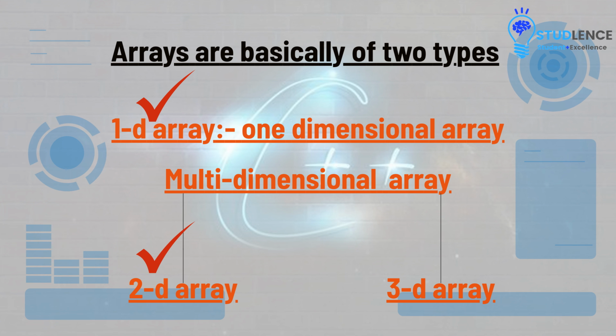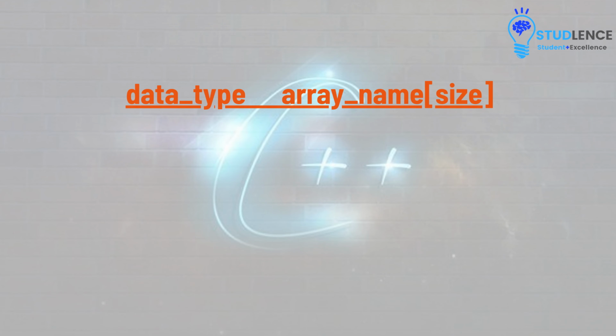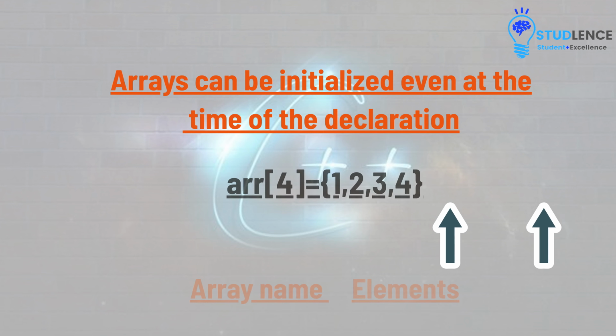As we can see on the screen, we can define the array in the following way: data type, then the variable name, and inside the brackets we pass the size. Else, we can also initialize the array elements at the time of declaration, as mentioned on the screen.